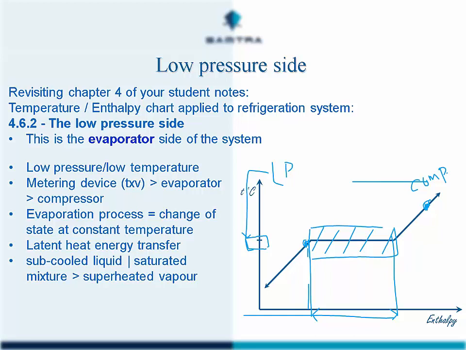Let me change the color a bit to make it a bit more visible. Okay, so it differentiated a bit. There we go. All right, so that's our TXV over there, and that is having high pressure refrigerant, which is subcooled, arriving, passing through the expansion valve, and then leaving the expansion device as a saturated mixture.